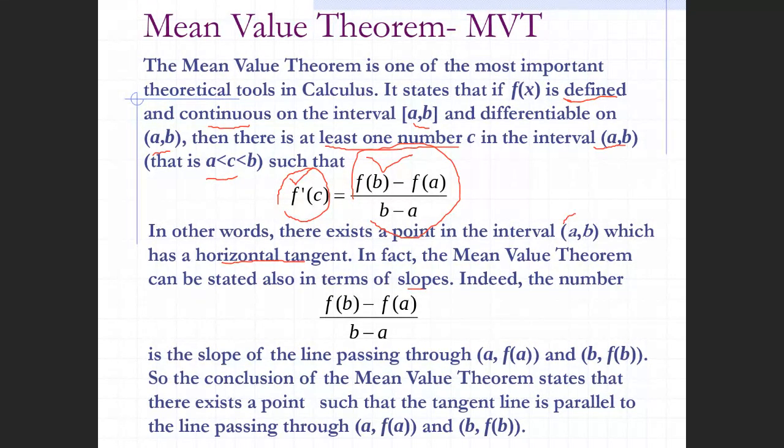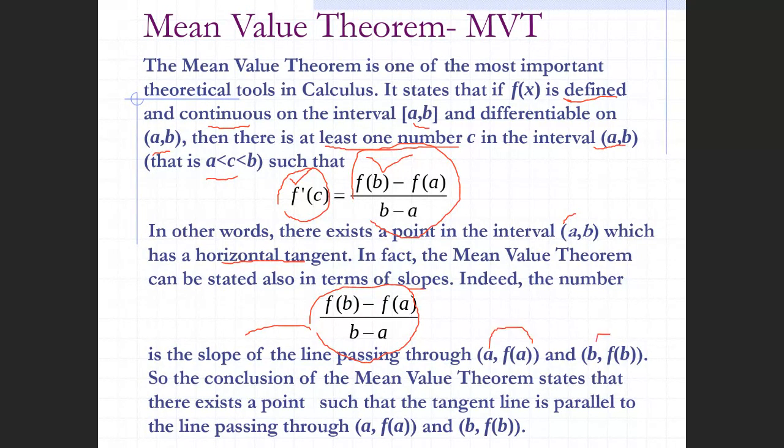Here f of b minus f of a divided by b minus a is the slope of the secant line. So you have to find the point where the slope of the tangent line is equal to the slope of the secant line. That is the slope of the line passing through the two points (a, f of a) and (b, f of b).